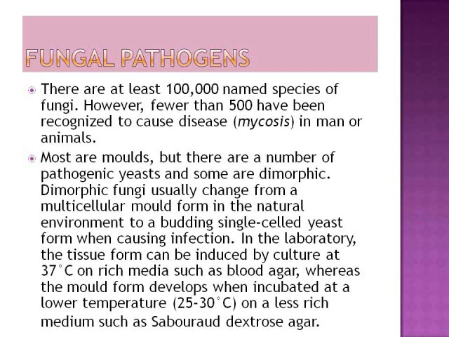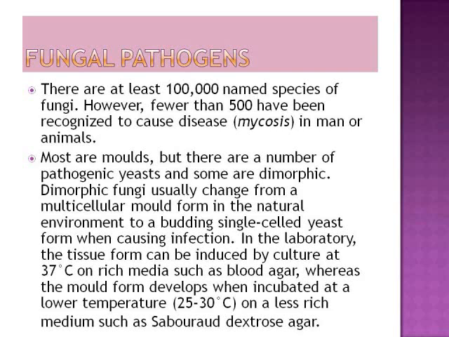And some of the fungi, especially when they cause infection, are basically in the budding form. Many of the fungi which cause infection are single-cell yeast form. Because remember, if they are larger, it will be difficult for them to go into the tissues and proliferate. So it depends upon the microenvironment they are in. When they are going to cause disease, they will exist in a single form.